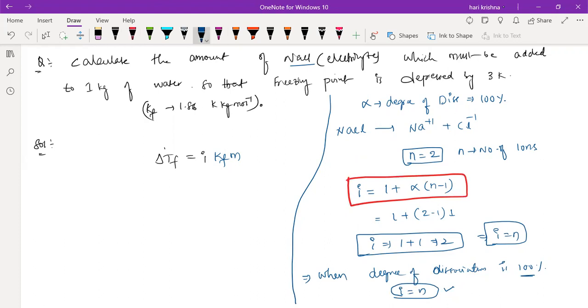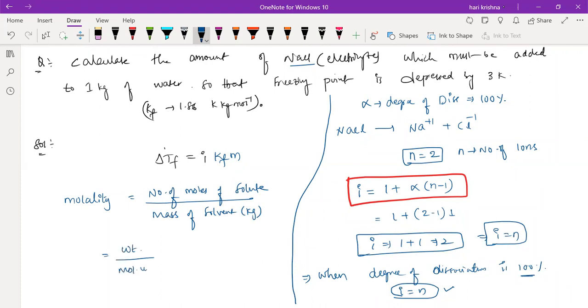Now, we know the i value and we know the delta Tf value, but we know molality is equal to what? What is the molality formula? Number of moles of solute by mass of solvent in kgs. Number of moles we know already: given weight by molecular weight.